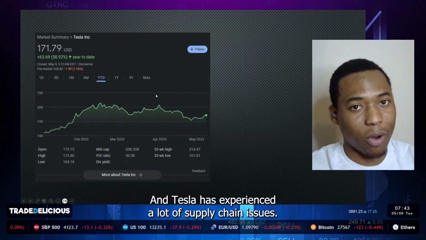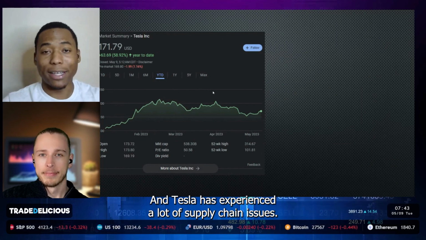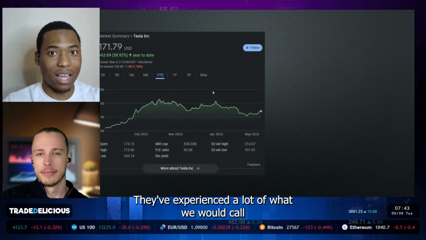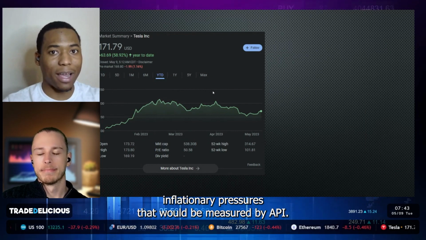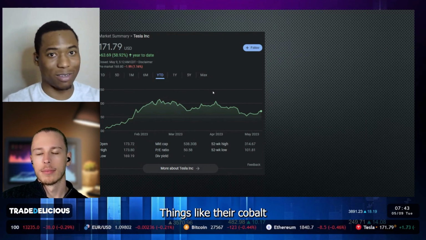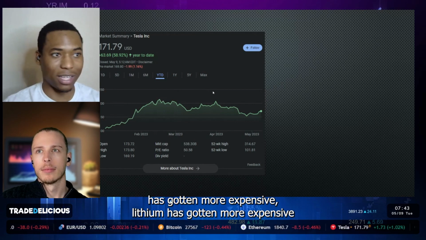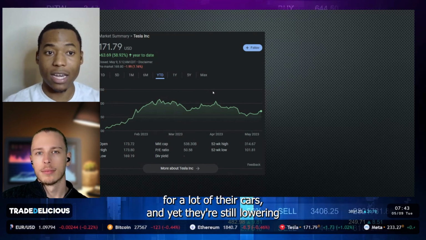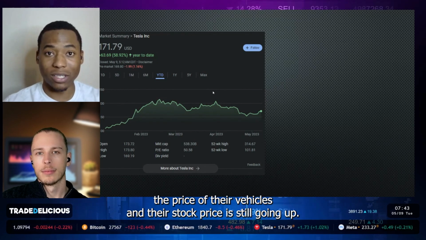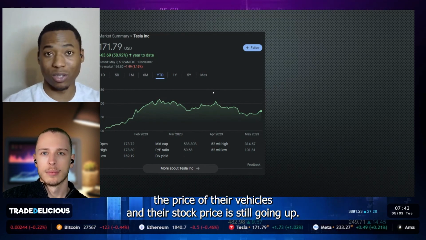And Tesla has experienced a lot of supply chain issues. They've experienced a lot of what we would call inflationary pressures that would be measured by PPI. Things like their cobalt has gotten more expensive, lithium has gotten more expensive for a lot of their cars, and yet they're still lowering the price of their vehicles and their stock price is still going up.